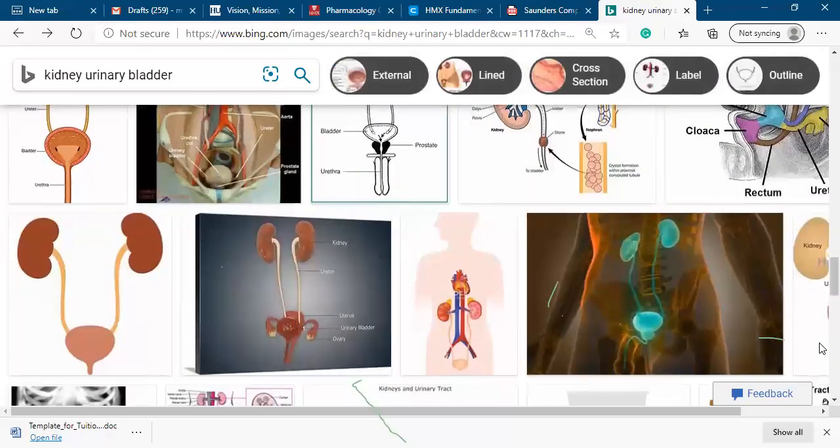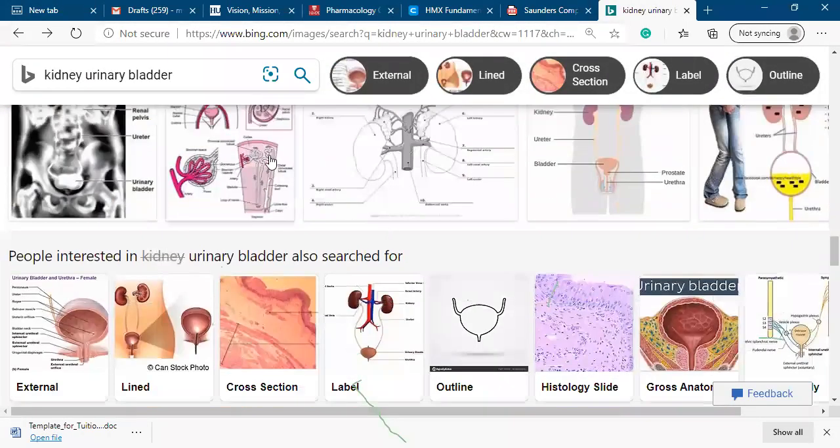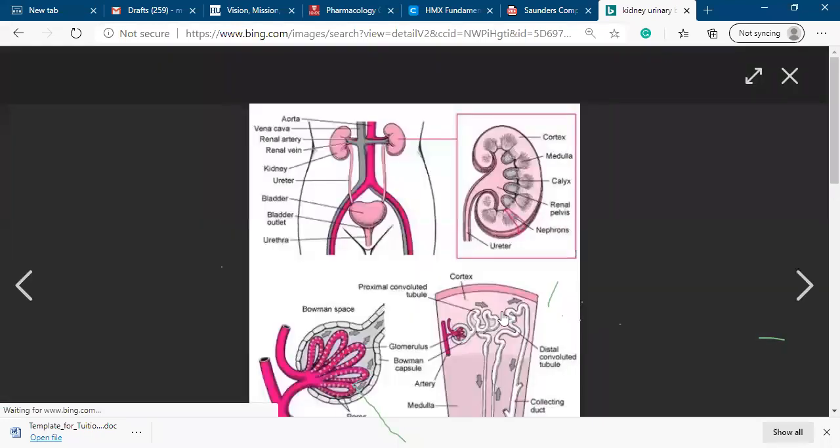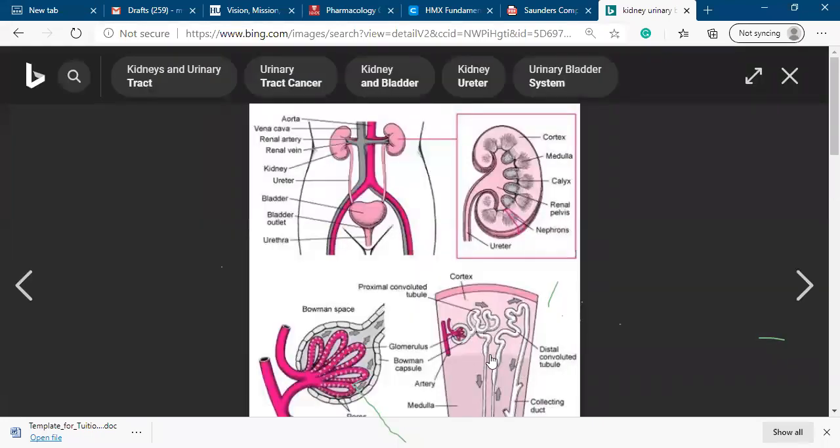So basically, here this is the nephron where the urine forms, right? And this is the glomeruli. Inflammation of this area causes glomerulonephritis.